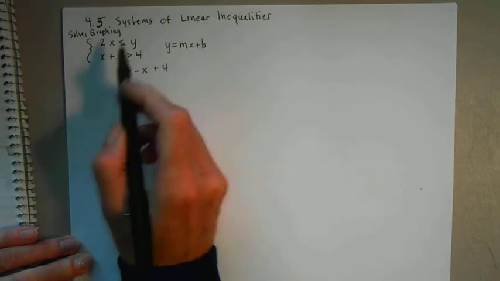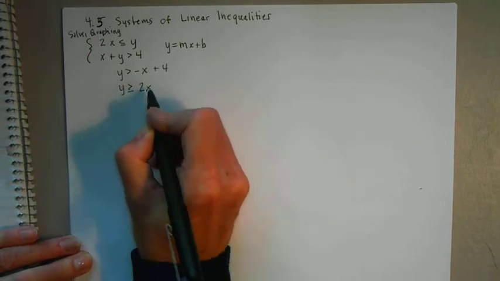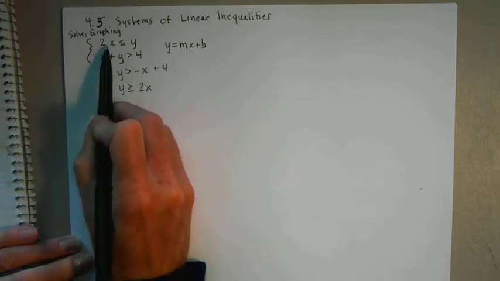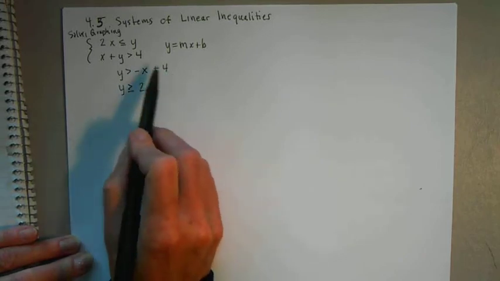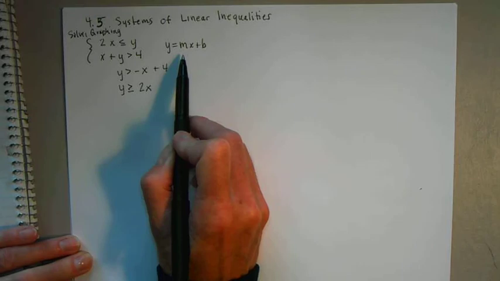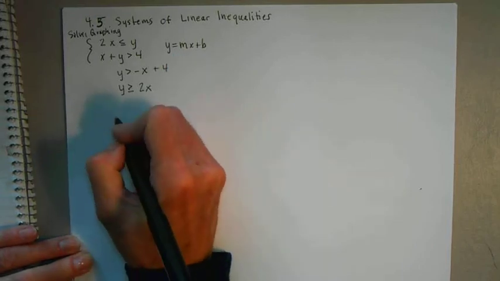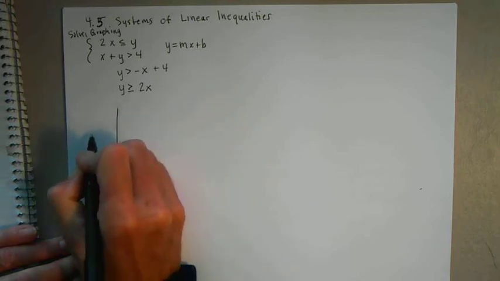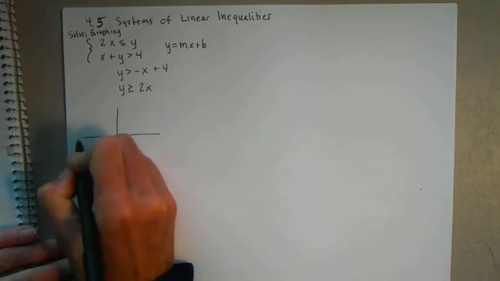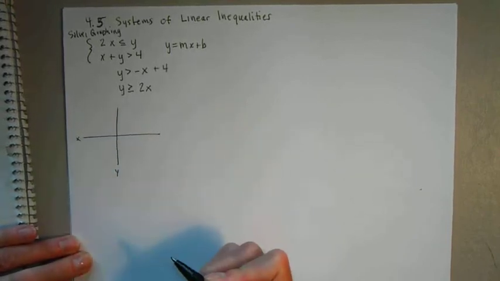I'm not changing my inequality. My inequality still points to the 2x. But now it's in my y equals mx plus b, my slope-intercept form. So to graph that, we'll make a Cartesian plane with an xy axis and just graph them.